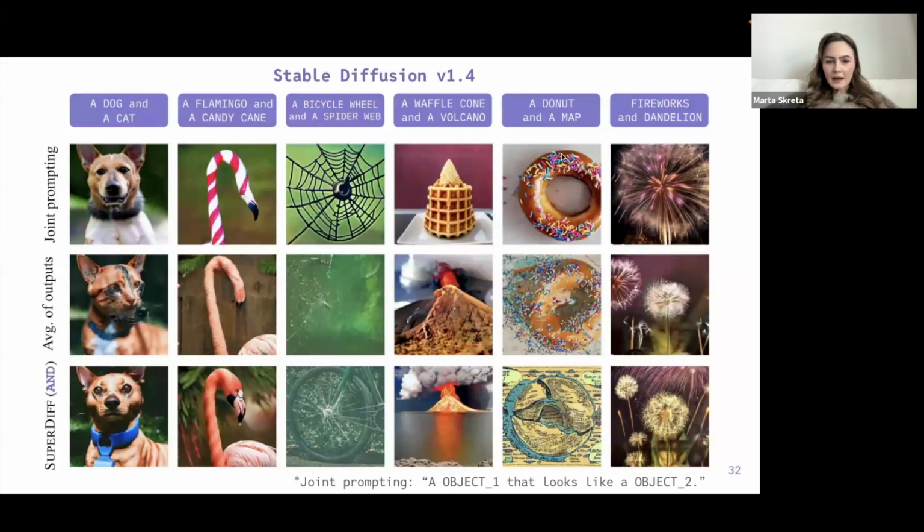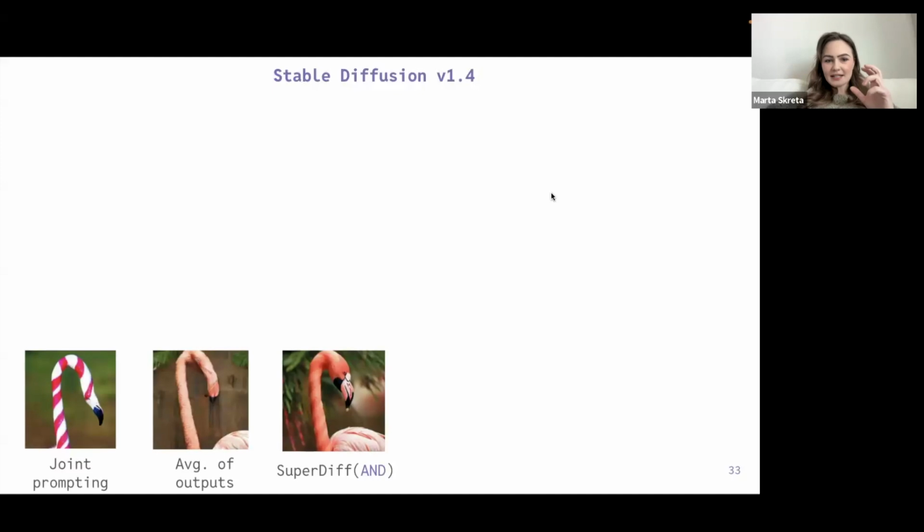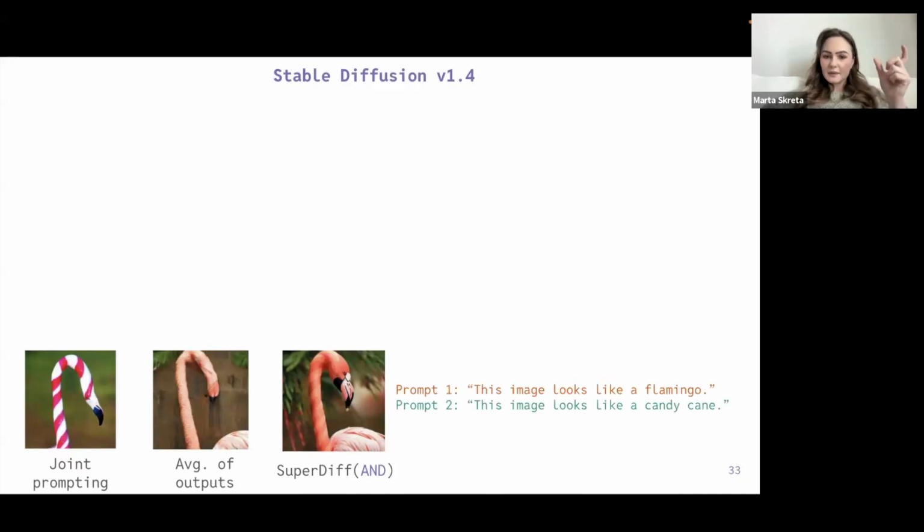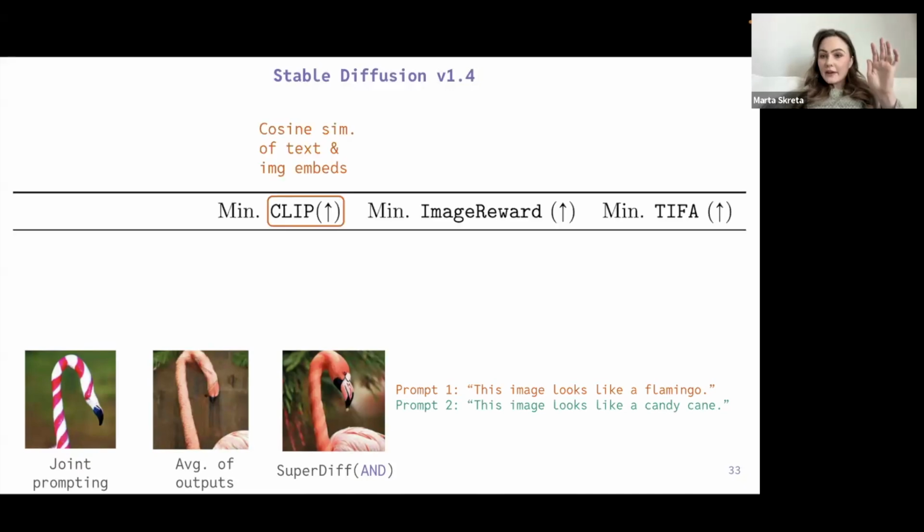So to put numbers on this, because these are just nice to look at, we wanted to show some quantitative metrics and quantify how each of the concepts is represented. The way that we did that was we used 3 image evaluation models.